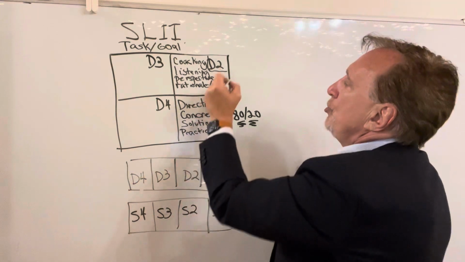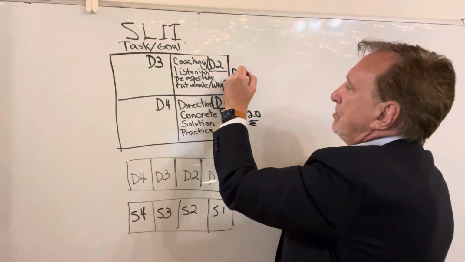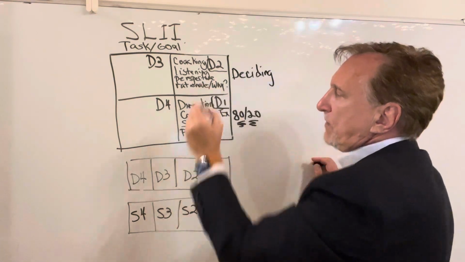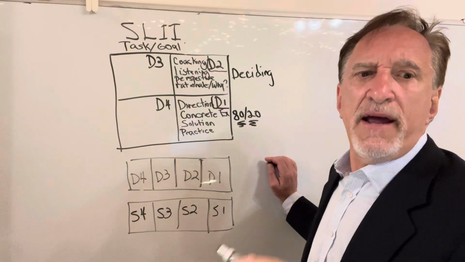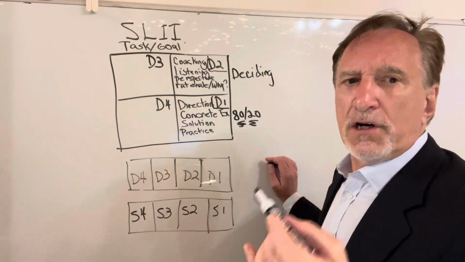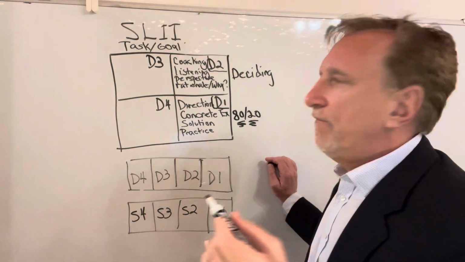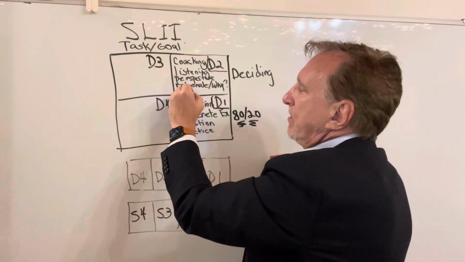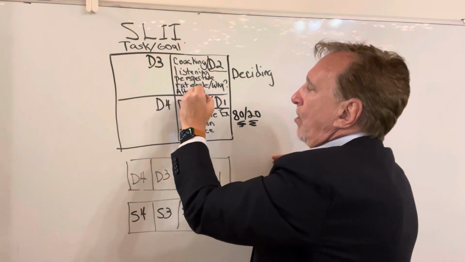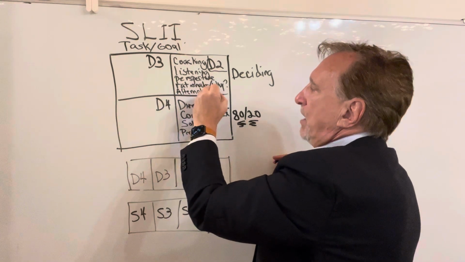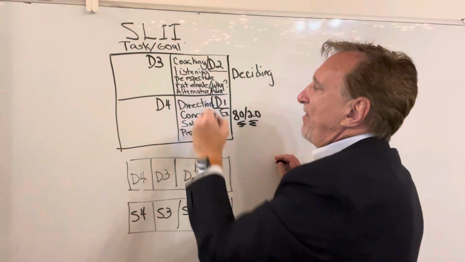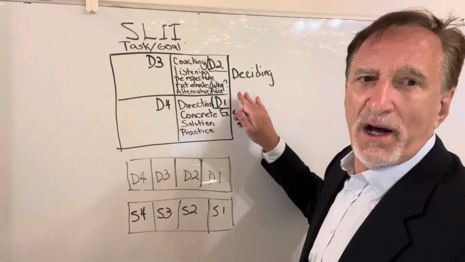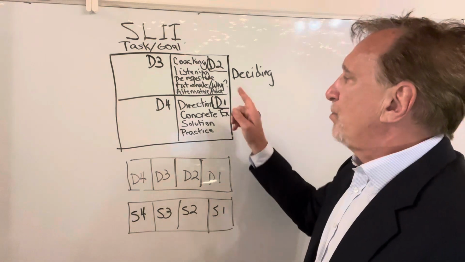But again, you're deciding in these two quadrants what needs to be done next, because as they start building their skills and practicing, you're going to be giving them more advice and alternatives. Instead of doing it that way, you should try this. Or let me give you some advice on what you should do about that. So this is about coaching: listening, perspective, rationale, the reason why, alternatives, as well as advice.